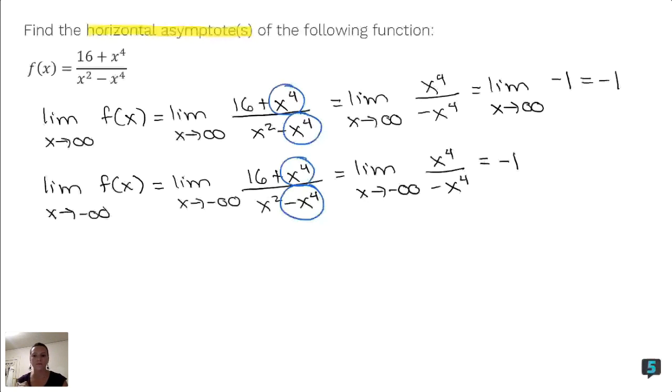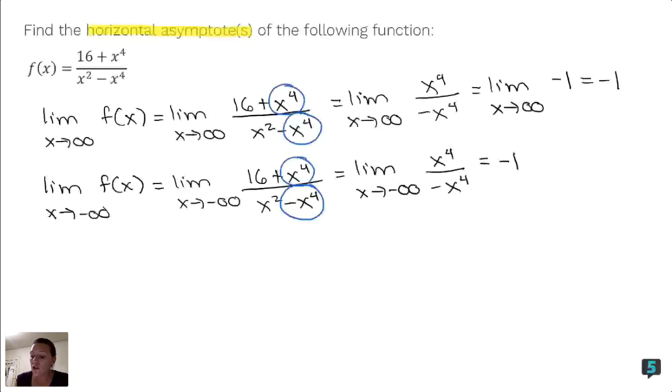How many horizontal asymptotes am I going to end up with for this function? 1 or 2? What do you think? Yeah, 1. Because in this case, my function approached -1 at infinity and at negative infinity.